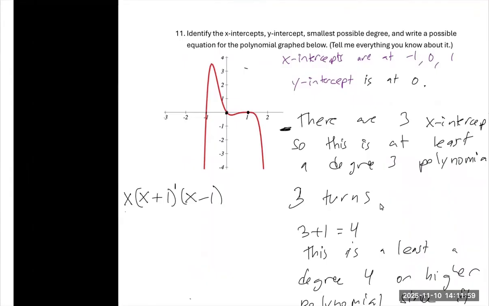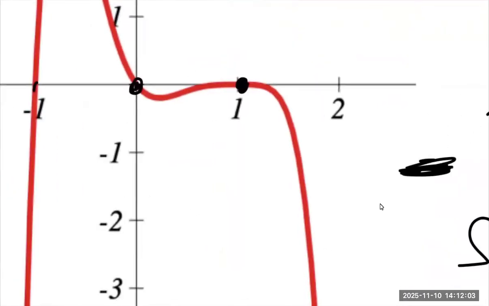And when I scroll in around the positive one, it kind of looks to me like it comes down and then comes back up.